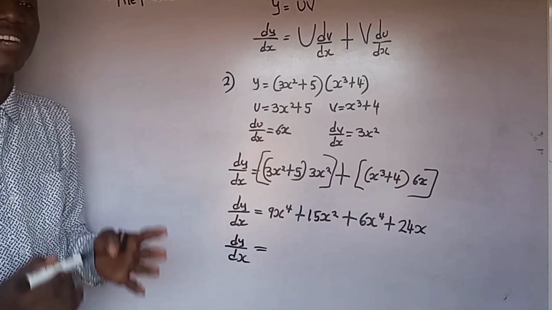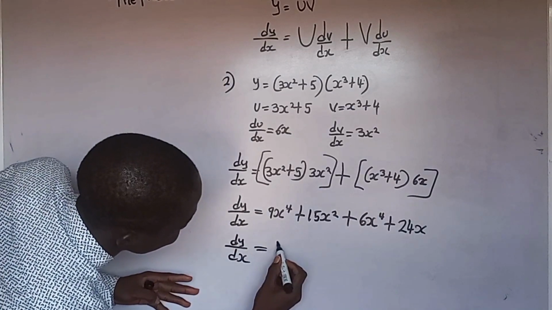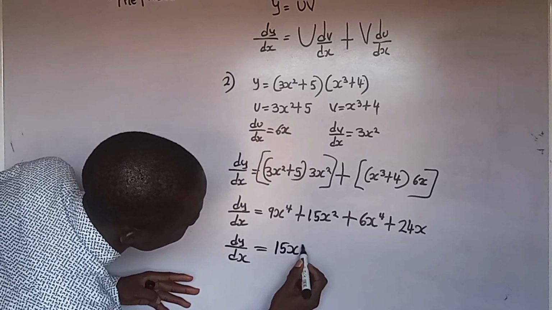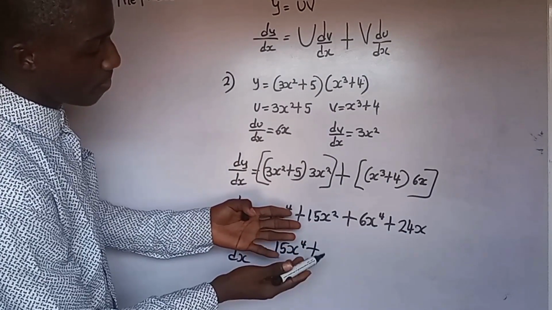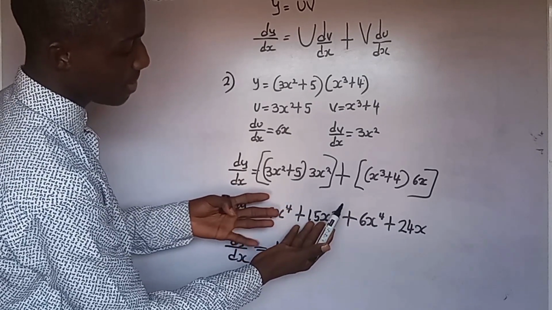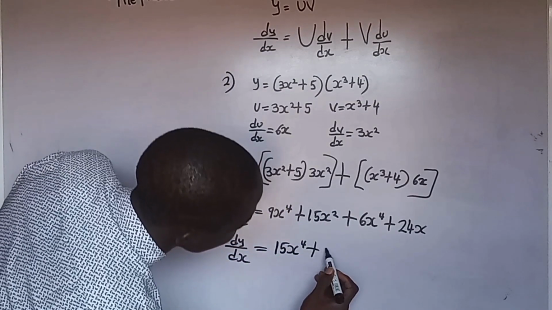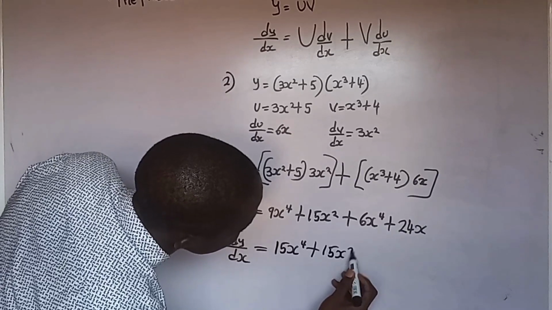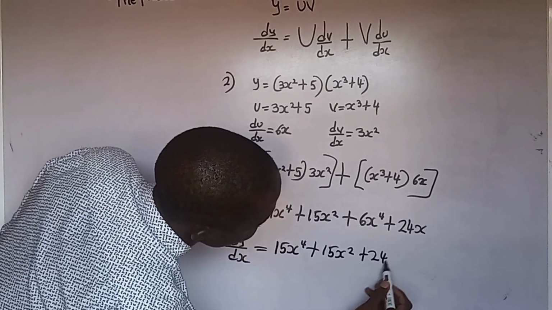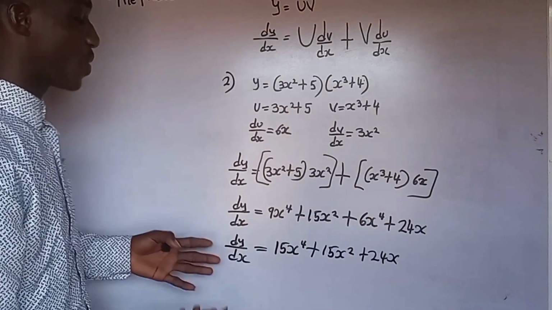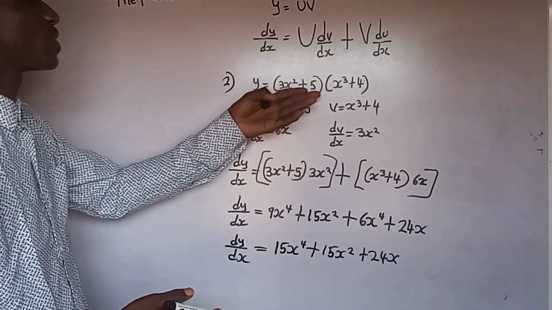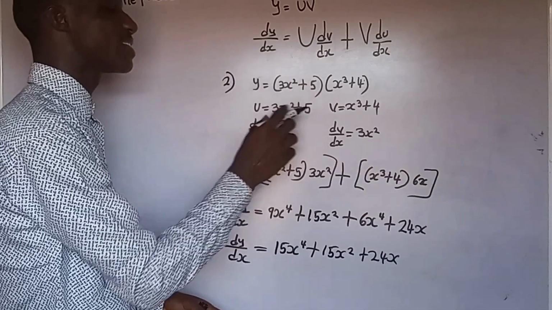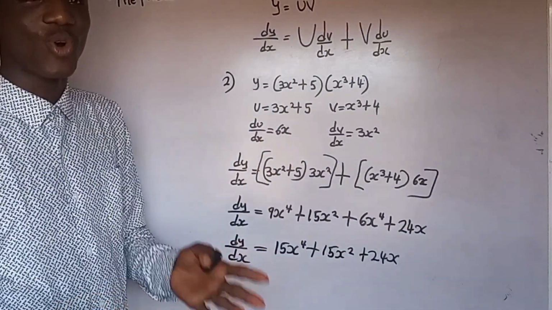That is 15x raised to the power of 4, plus, there is no element with the same power again, so I'm going to have 15x squared plus 24x. So I have easily differentiated y equals 3x squared plus 5 into bracket x raised to the power of 3 plus 4 using the product rule.